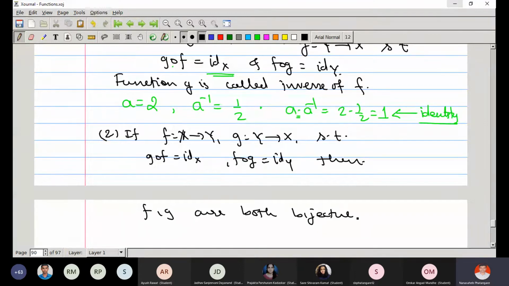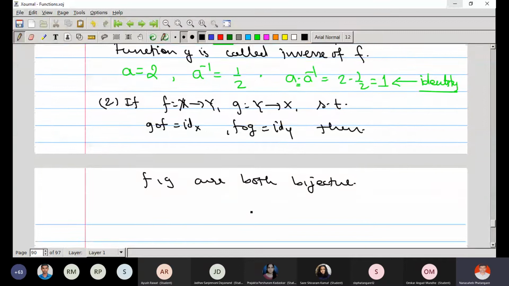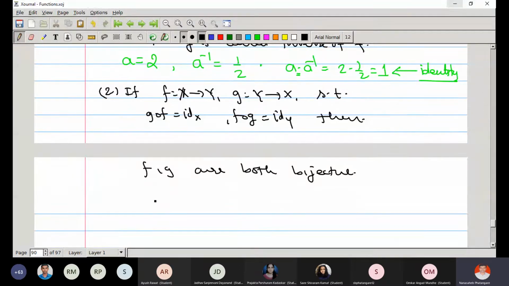F and g are both bijective functions, and g is f inverse. g is actually the inverse of f, right?